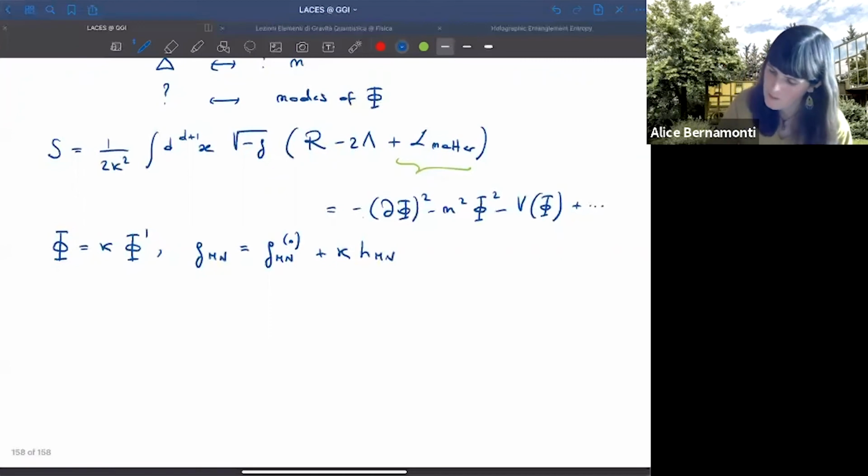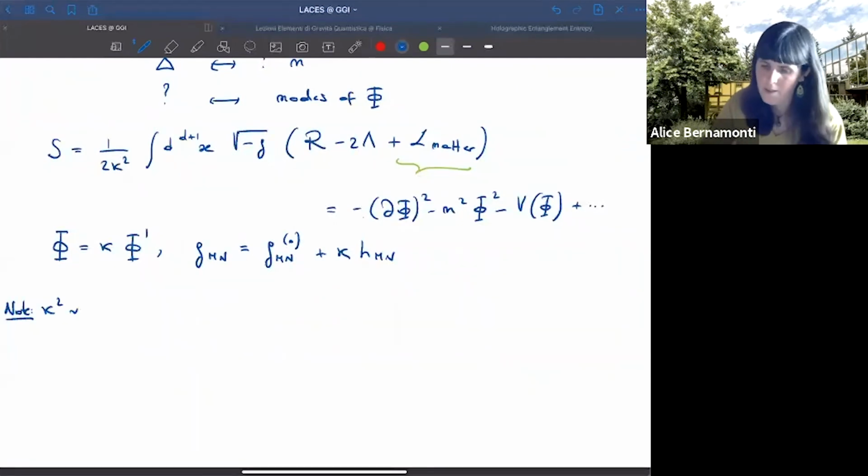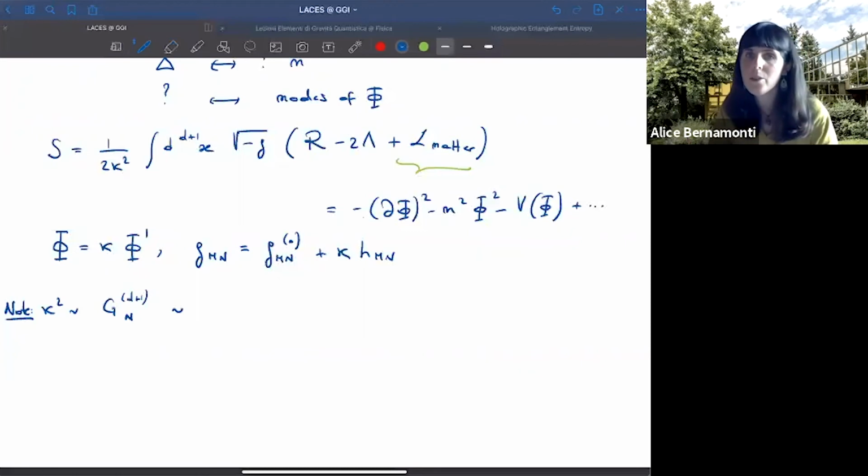Okay, and so now recall that kappa squared is proportional to G Newton in d plus 1 dimensions, which in units of the curvature radius we saw scales like N to the minus 2 in our favorite super-Yang-Mills example, or type IIB string theory example.